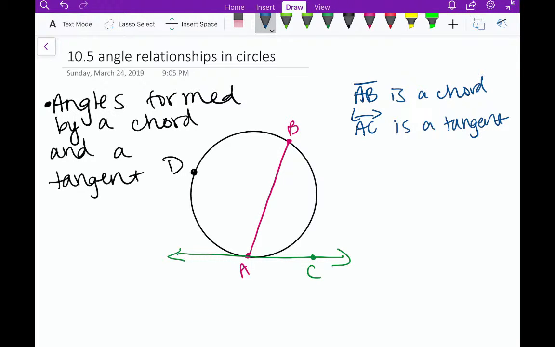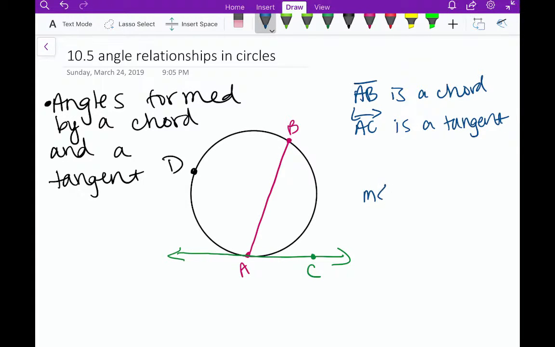The tangent and the chord intersect at point A, and the angle formed by the chord and the tangent is equal to 1/2 the arc that is formed. So the measure of angle BAC is equal to 1/2 arc BA.